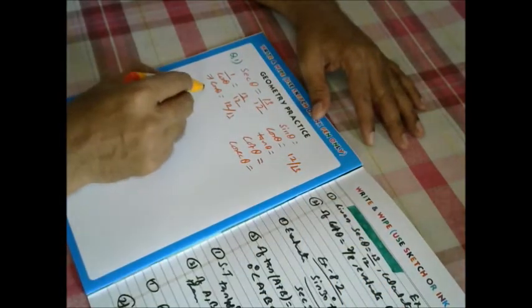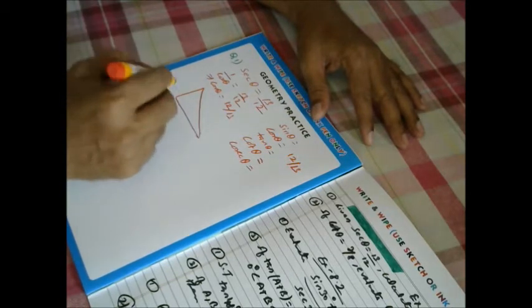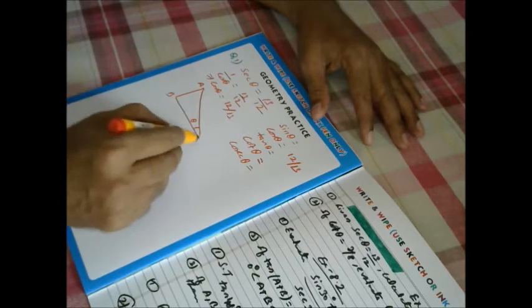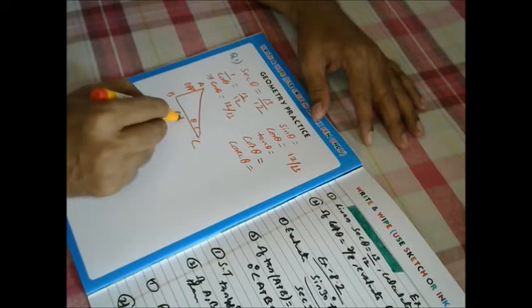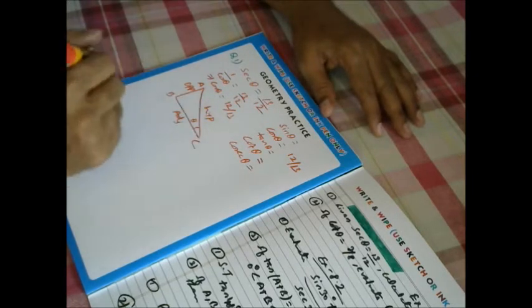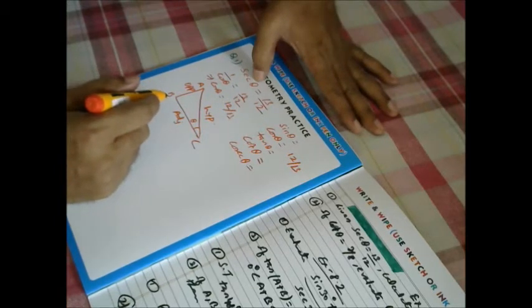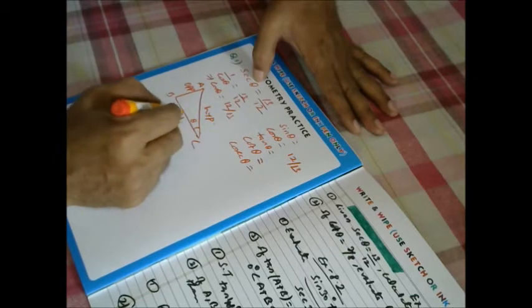So what you can do, you can draw a right angle triangle. This is theta, this is A, B, C, this is opposite, this is adjacent, this is hypotenuse. Now we know that secant theta is hypotenuse by adjacent, correct?